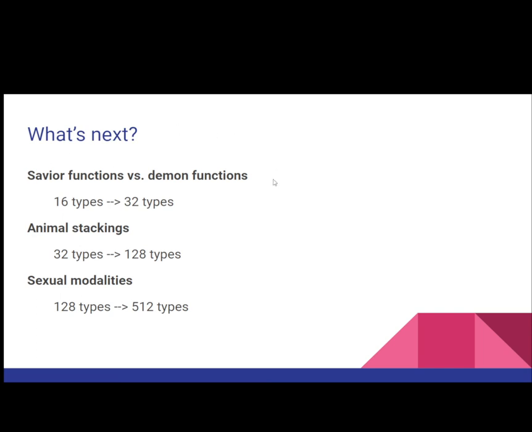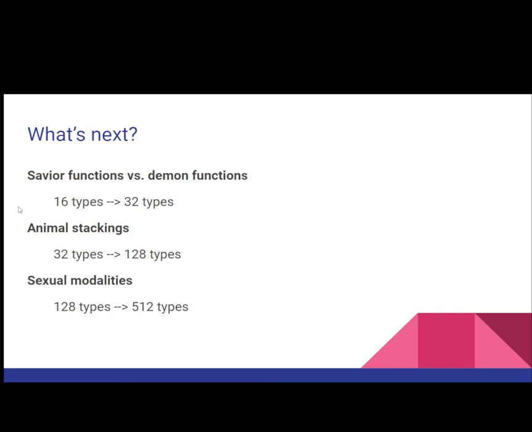And daemon functions are functions that we tend to be less naturally comfortable using. Now, we may still want the needs of those functions, but we tend to get our daemon functions through using our savior functions.